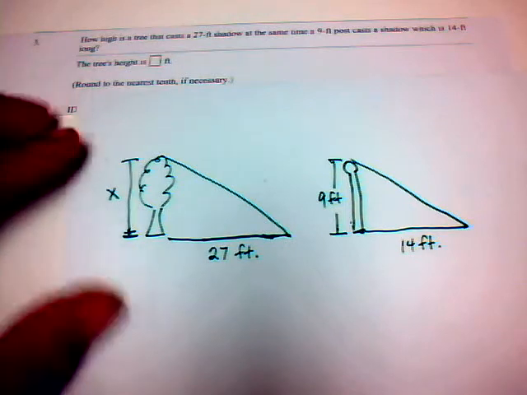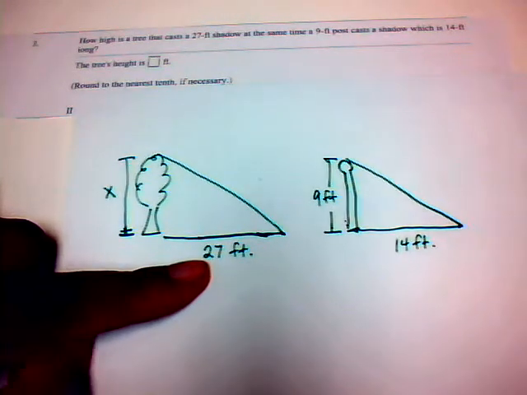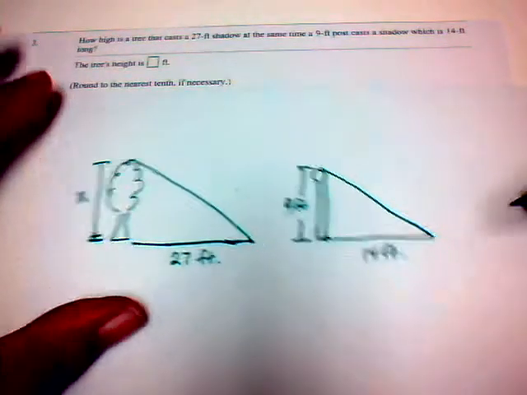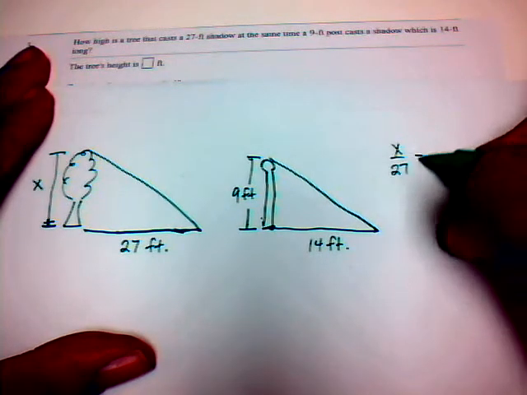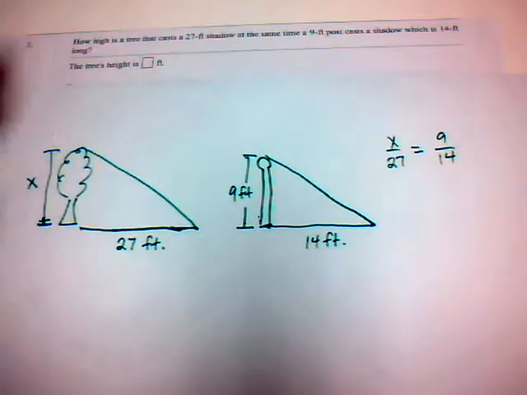Okay, now the proportion I'm going to set up is going to be the height of the tree to the shadow. It's going to be equivalent to the height of that post to its shadow. So we'll have x over 27 equal to 9 over 14. Now there are many ways that you can set up a proportion like this.